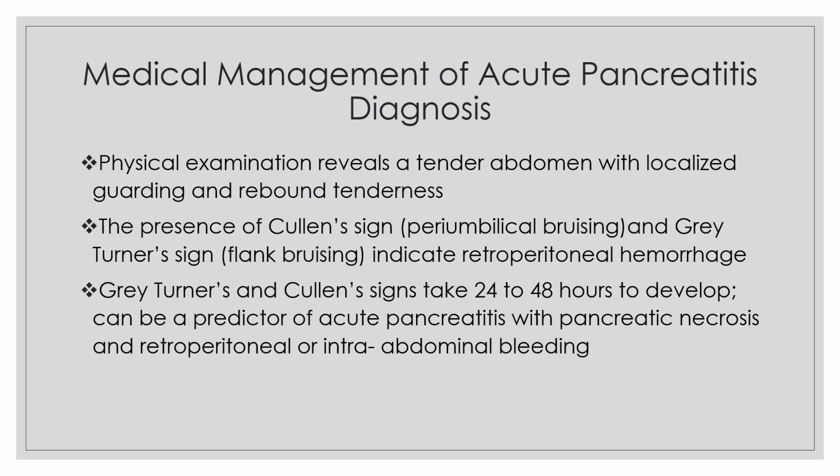But because I noticed it when I was turning them, I associate that with Gray-Turner's syndrome. So Gray-Turner's and Cullen signs can take 24 to 48 hours to develop, and it can be a predictor of acute pancreatitis with pancreatic necrosis and retroperitoneal or intra-abdominal bleeding, because you will see that hemorrhaging under the skin. It will look like a bruise.